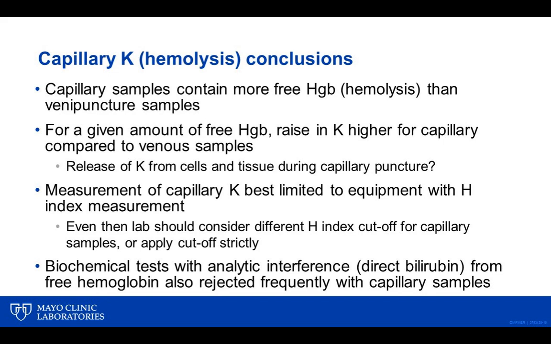And so we do know that about 40% of direct hemoglobin samples collected by capillary puncture will get rejected in our lab. So again, those are the main limitations: potassium, AST, LDH, lactate, ammonia, and direct bilirubin tend to be the main common biochemical tests that are problematic in a capillary specimen compared to a venous one.